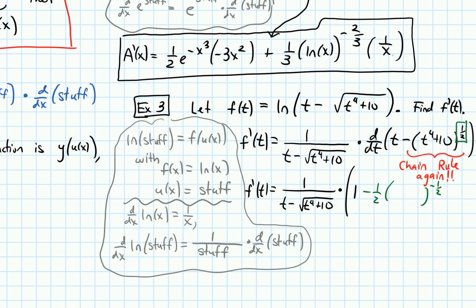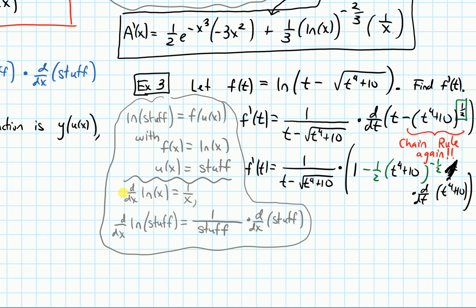And when we do that, we keep plugging the same inside function in. So we keep plugging in t to the 4th plus 10. So far that's the derivative of the outside, but keeping the inside thing the same. And now we multiply that by the derivative of the inside. So the derivative of t to the 4th plus 10, because that was what was inside. And now I close this parentheses.